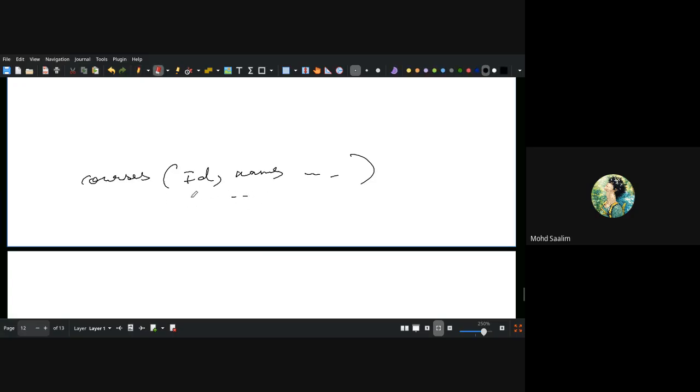They are not fully underlined. They are underlined by this dotted line. Then you can consider that it is a weak entity set. And this ID comma name is a discriminator.